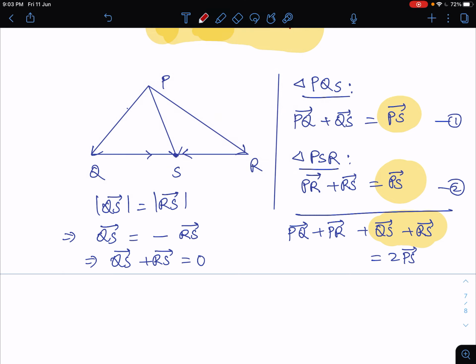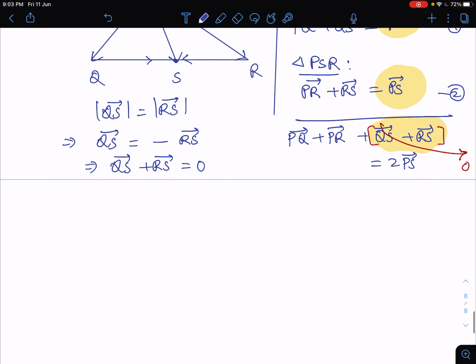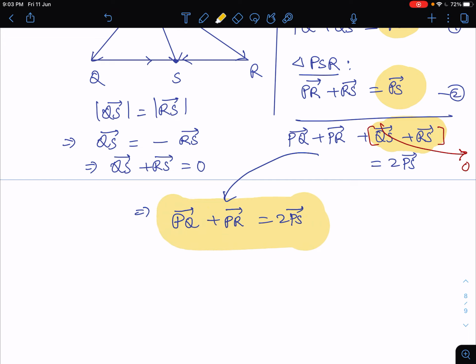These two terms cancel out, and we are only left with PQ plus PR is 2PS. So this is our midpoint identity. This is all I wanted to say. Thank you. See you in the next lecture.